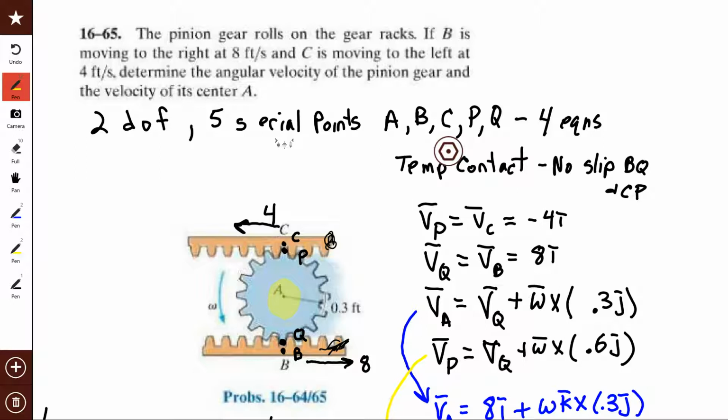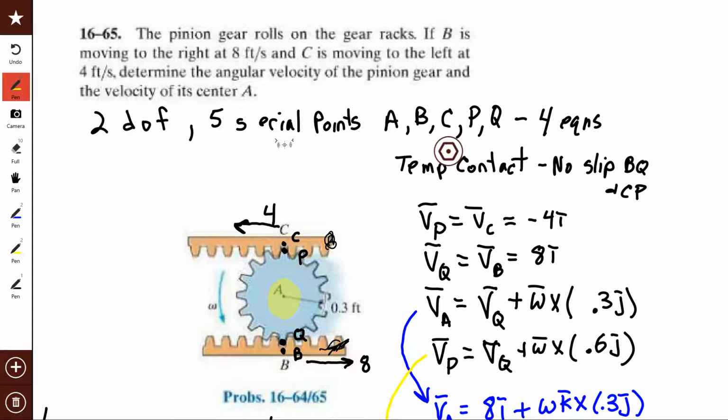Now, the rule of thumb says, how many equations are you going to write? Put this in your notes. How many equations are you going to write? 4. Why 4? It's always one less than the number of points. Because if you write 5 equations, what you'll find is the 5th one is dependent on the others. So if you write these 4 and combine them in some way, you'll get the 5th one. It'll happen every time. Does it mean you have to have all 4?